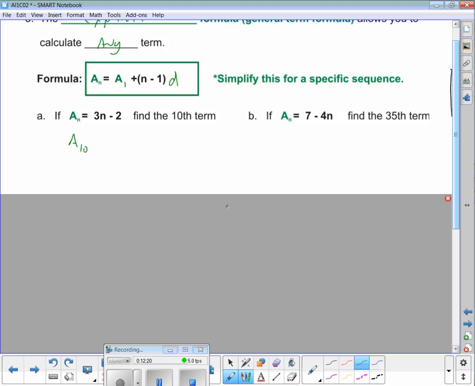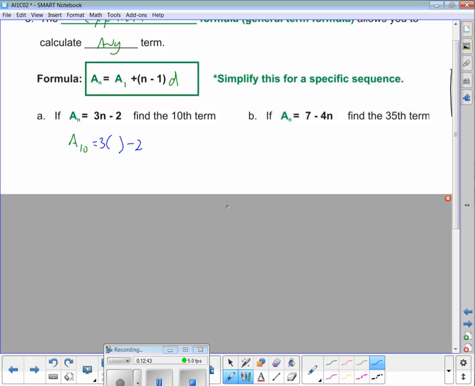Does that make sense? Right? Remember, the subscript tells you the term. And so it's going to equal 3. And where the n is, I got to sub in something. So what do I put in for the n? I put in, what is n?